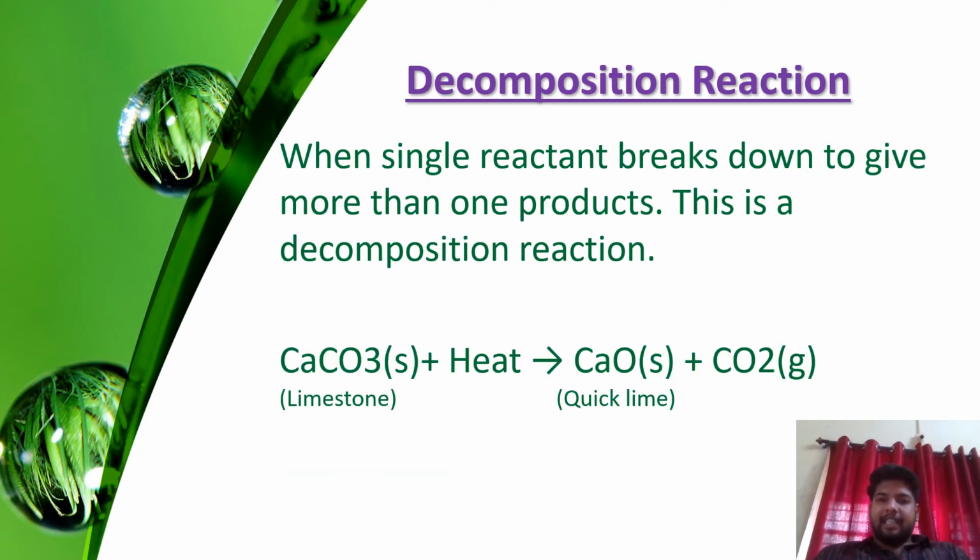Second one is decomposition reaction. It is just the opposite of combination reaction. When a single reactant breaks down to give more than one product, this is decomposition reaction. So in combination reaction, two reactants combine to form a single product, but in decomposition reaction, only one reactant decomposes to form more than one product.